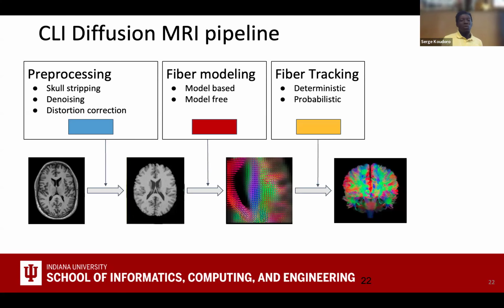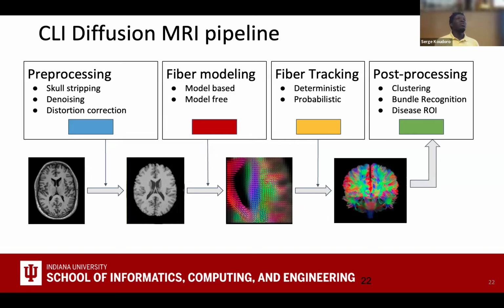When we have the modeling done, we move to the fiber tracking to get the full connectome of the brain. And then you have the post-processing, when you start to do some statistics, discover some bundles, etc. You have a term named tractometry today instead of post-processing, to get some statistical analytics along the bundle.